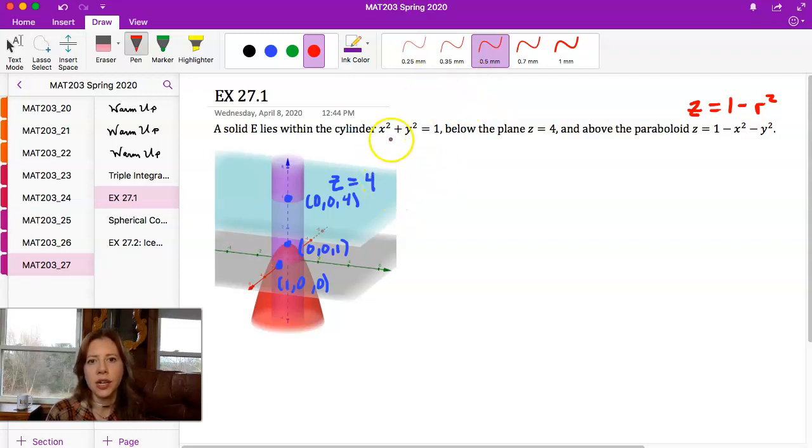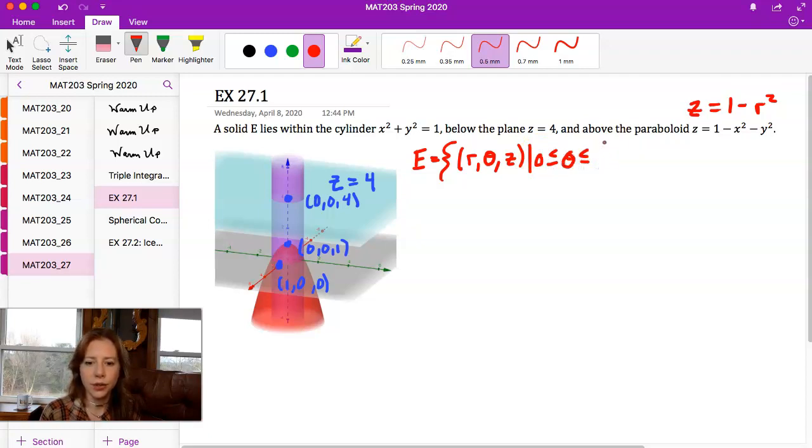We're going to call our region E. We're going to be using r, theta, and z, such that 0 is less than or equal to theta is less than or equal to 2 pi, since we're going all the way around the unit circle, the full 2 pi or 360 degrees.